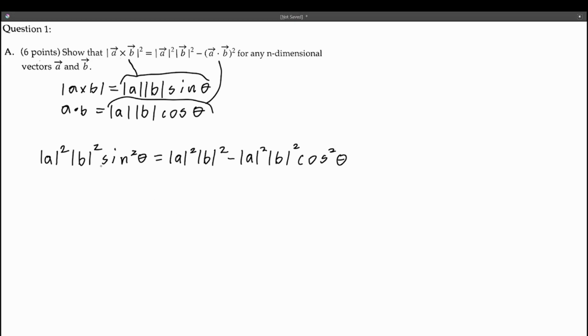Trigonometry. You just got to remember that sine squared of theta equals 1 minus cosine squared of theta.